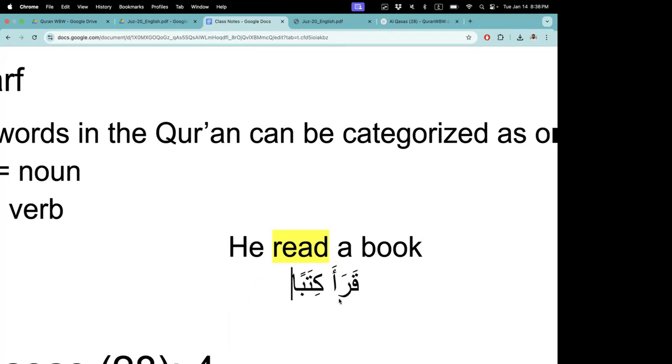You would notice قرأ is the fi'l, the verb. That means to read. But the "he" part is implicit there, not implied. It's part of it. It's not spelled out.